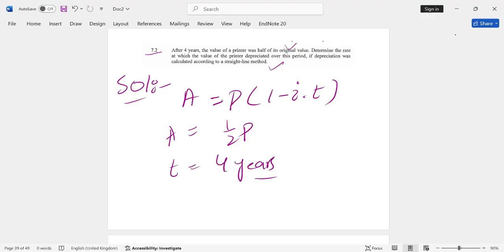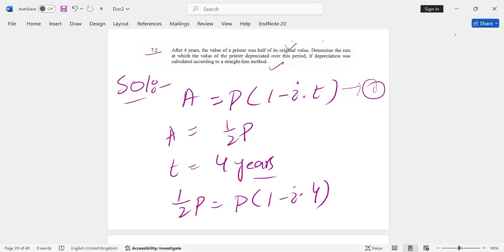Okay, so we set up the equation. We have 1 by 2 P, putting the values into this equation, which we can call equation 1, equals P into (1 minus i times 4). We can divide both sides by P, assuming that P is not equal to 0.